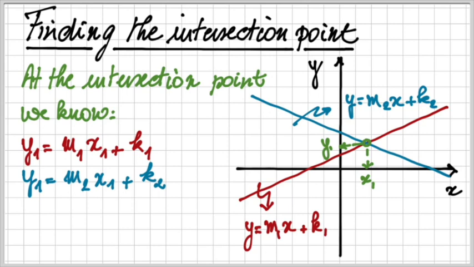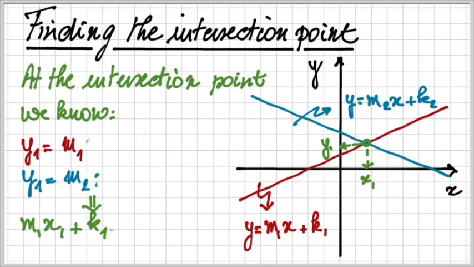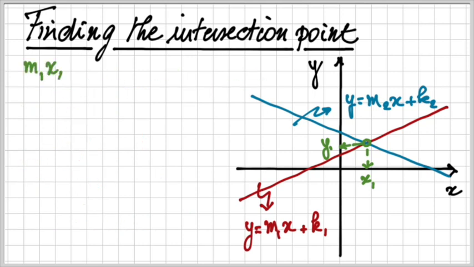And what happens here is that both left-hand sides are y1, so the right-hand sides also have to be equal, which then results in the equation that m1 x1 plus k1 is equal to m2 x1 plus k2. And based on this, we can in fact find the intersection.